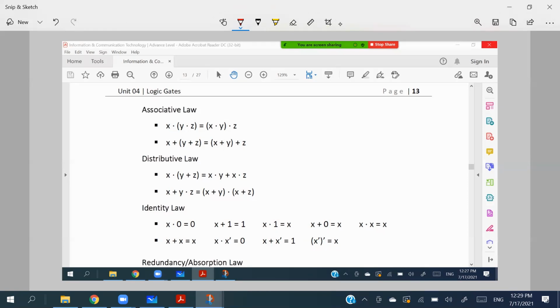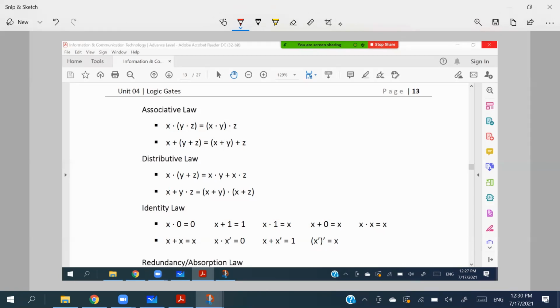So if you think about the very first theory of the distributive law, it says x dot (y plus z). Y plus z is inside the brackets.